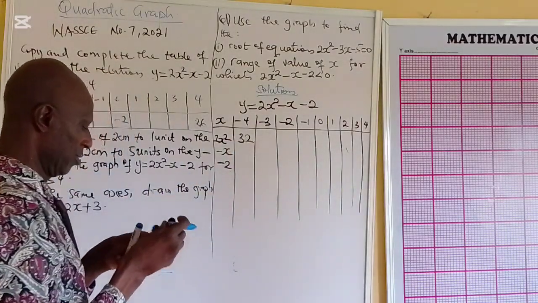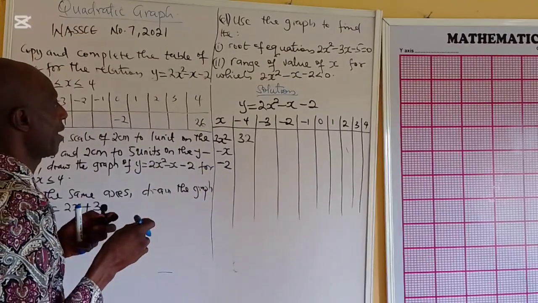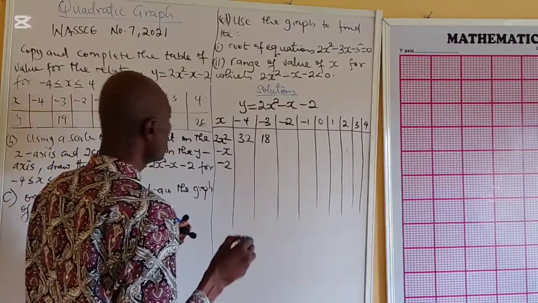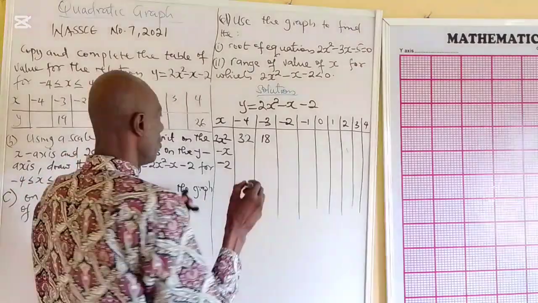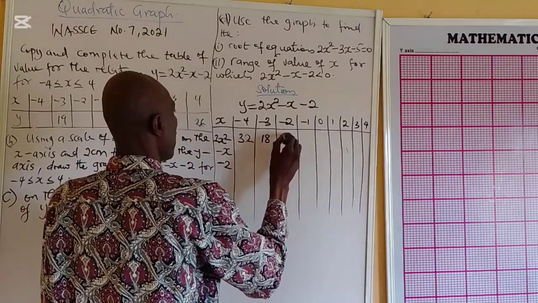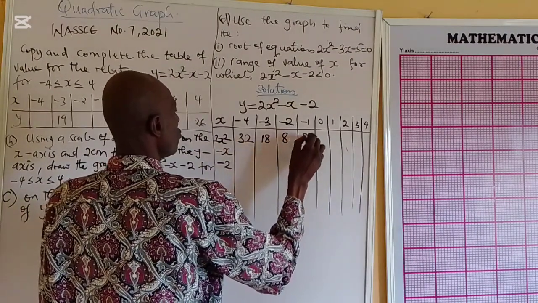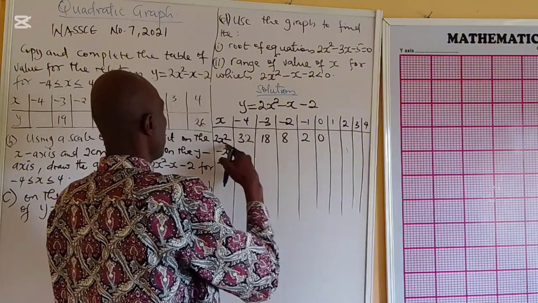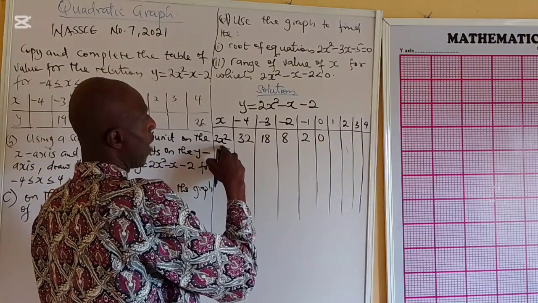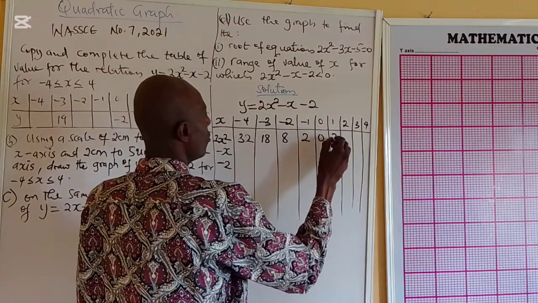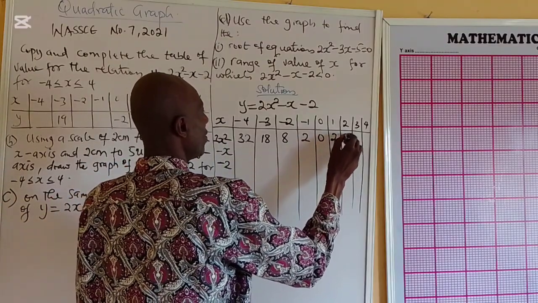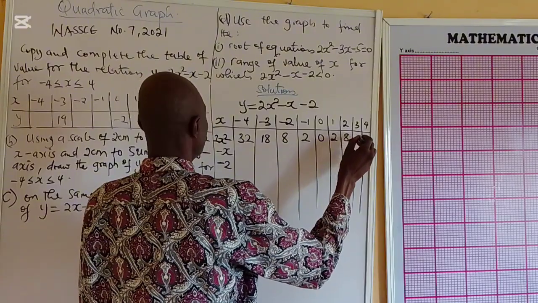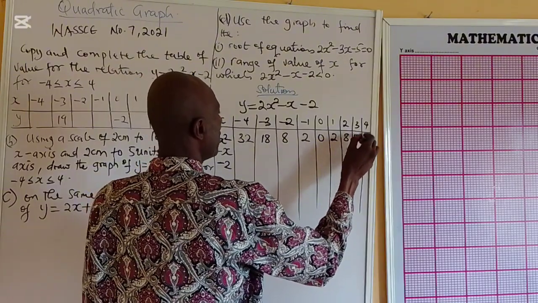Then minus 3 squared is 9. 9 times 2 is 18. Minus 2 squared is 4. 4 times 2 is 8. Here is 2, here is 0. 1 squared is 1, times 2 is 2. 2 squared is 4, times 2 is 8. 3 squared is 9, 9 times 2 is 18.